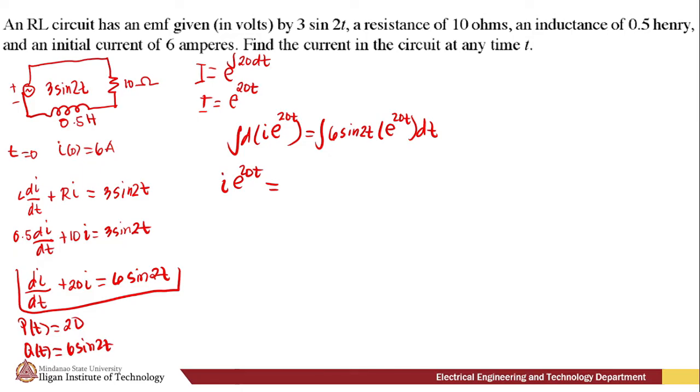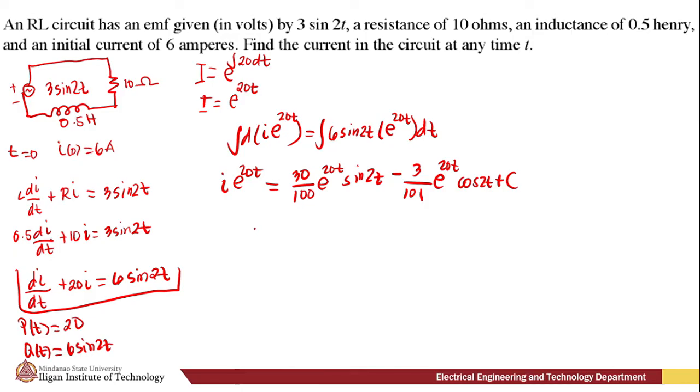You get 30 over 101 e^(20t) sine 2t minus 3 over 101 e^(20t) cosine 2t plus a constant of integration c.